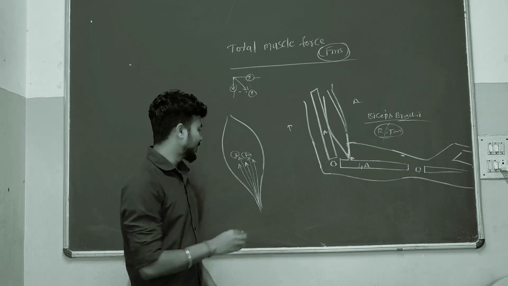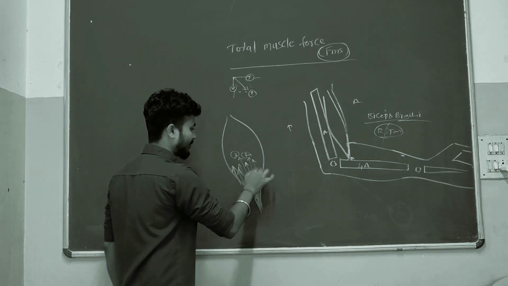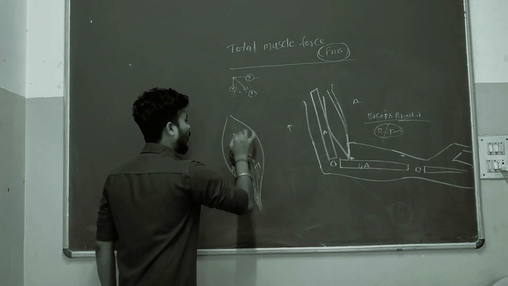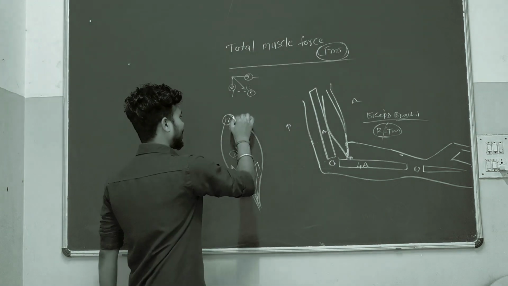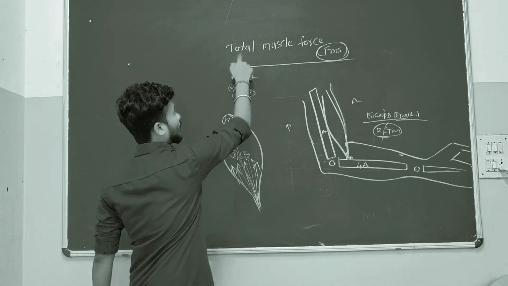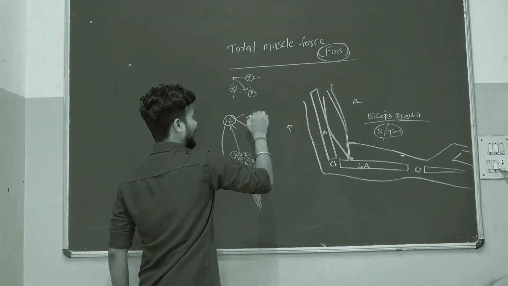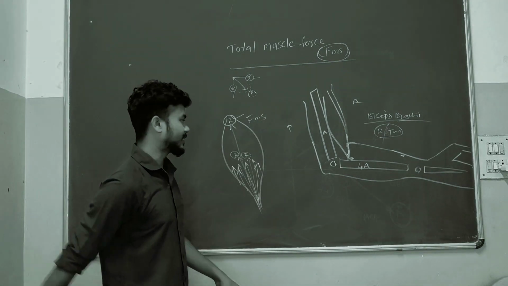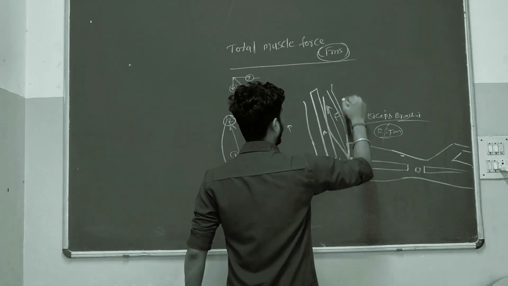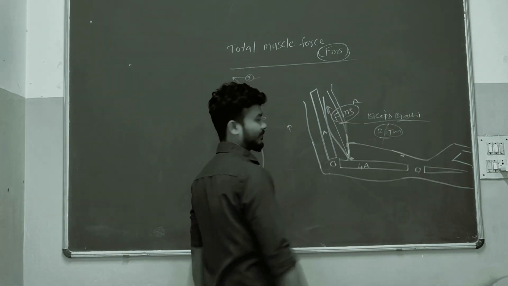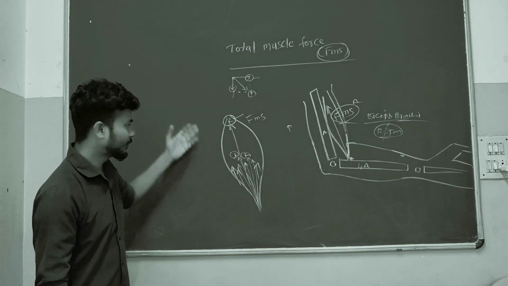In between all these muscle fiber forces, one final resultant vector will come. That resultant vector is nothing but the total muscle force, nothing but FMS. Clear? So that's the point.